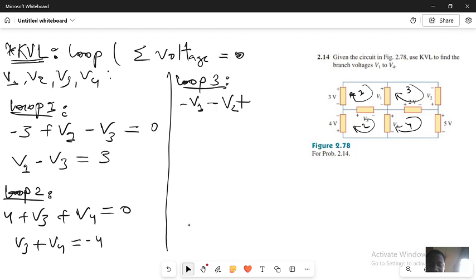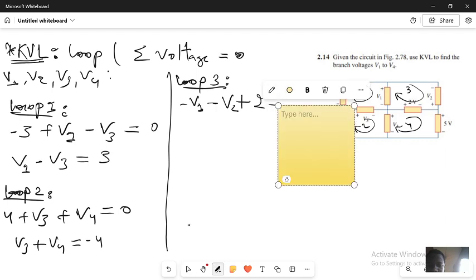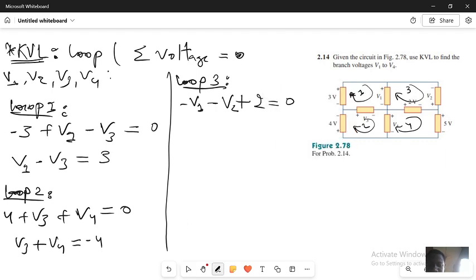So I will have plus 2 equal 0. So I will have minus V1 plus V2, and this is going to be minus 2 here.